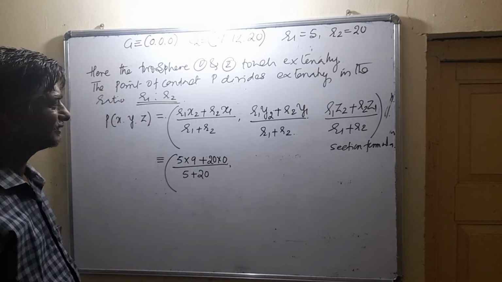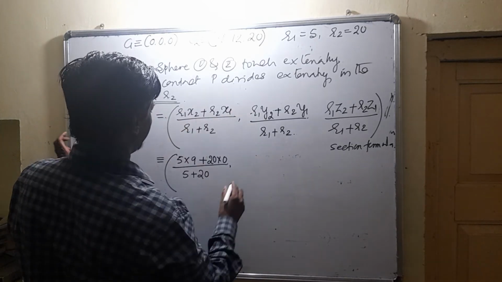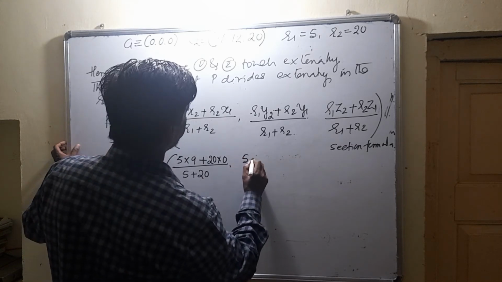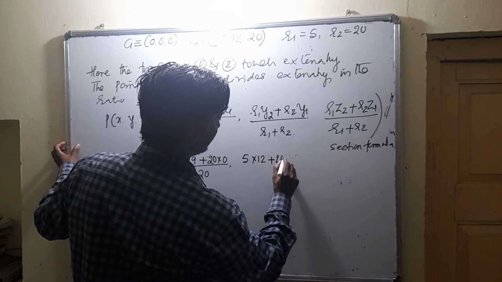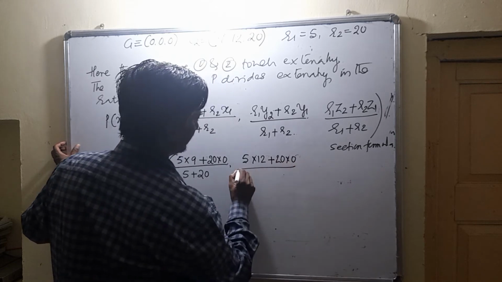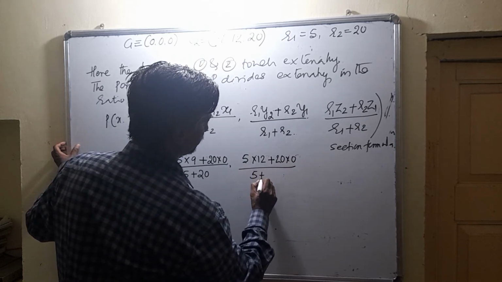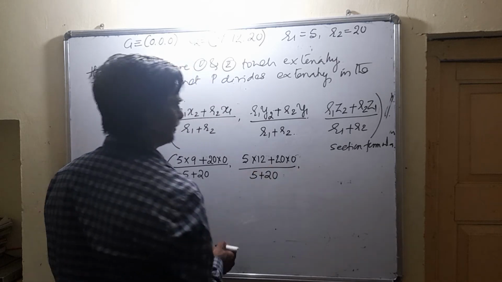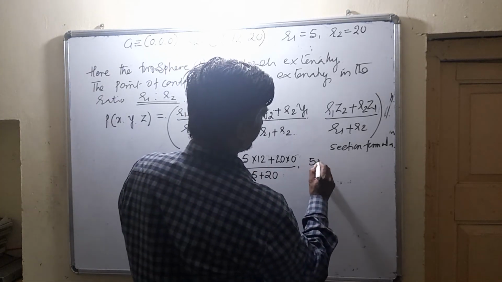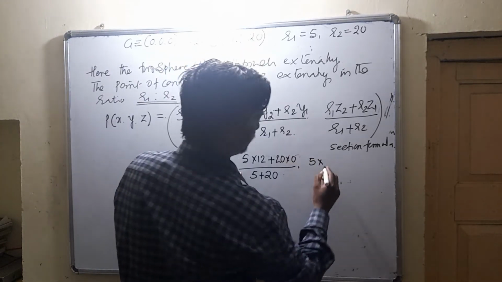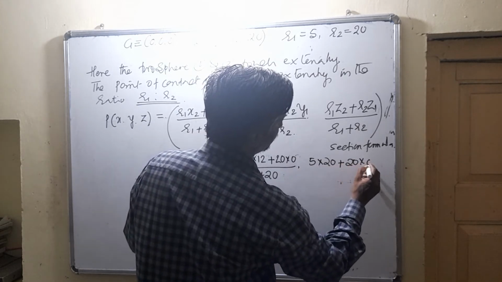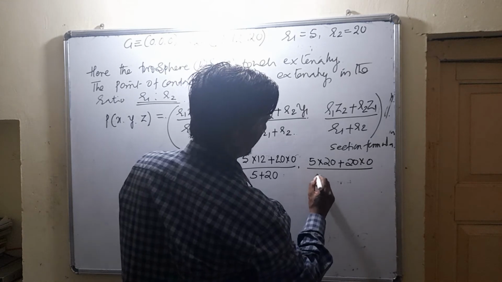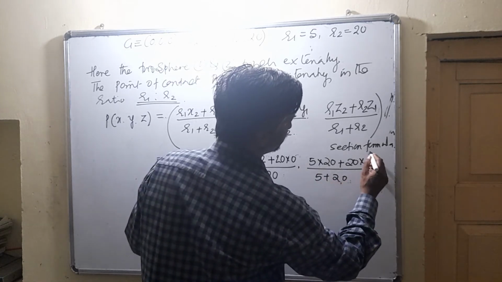Similarly, 5 into 12 plus 20 into 0 divided by 5 plus 20. 5 into 20 plus 20 into 0 divided by 5 plus 20.